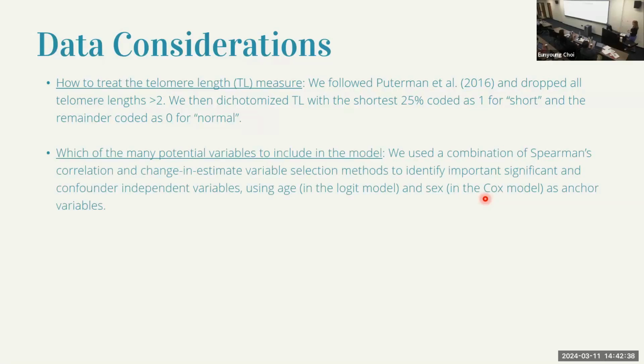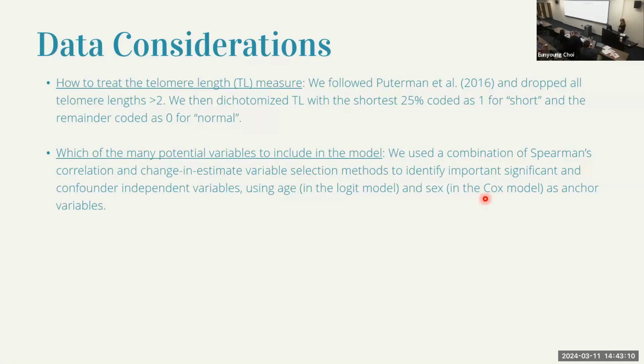All right, so the second consideration that was really big for us was which of the many potential variables should we include in these models? As I mentioned a little while ago, we ended up focusing on health and psychosocial factors and environmental and a couple other things, but we also looked at a wide range of economic factors, political context, policy, healthcare environment, like all kinds of things as well.